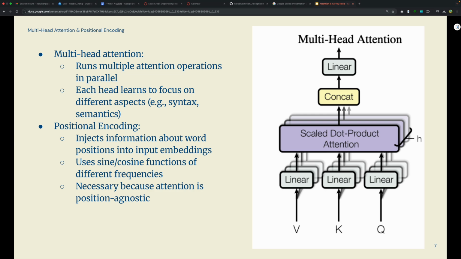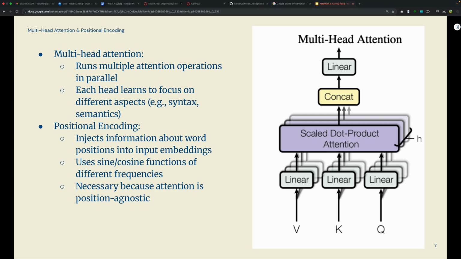After computing attention separately in each head, the results are concatenated and passed through a linear projection layer. This allows the model to integrate multiple perspectives into a single representation, improving both its expressiveness and flexibility.